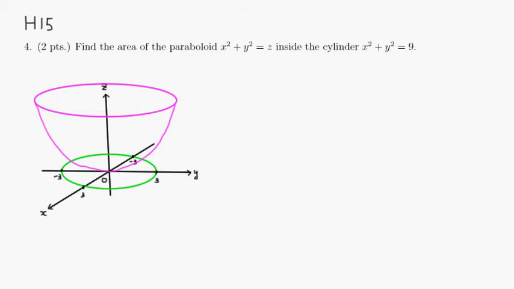Then what we want to do is cut it using the cylinder. The cylinder would go straight up there, and straight up there. Then you would have a circle somewhere around there.